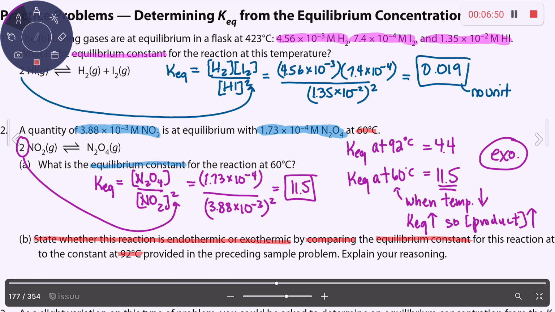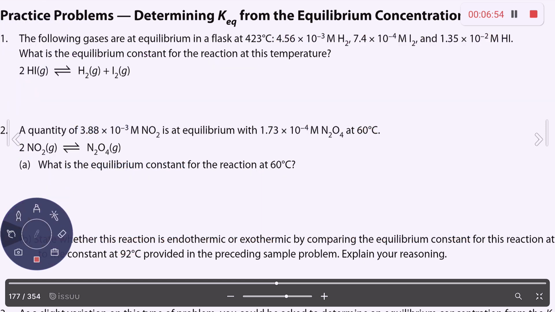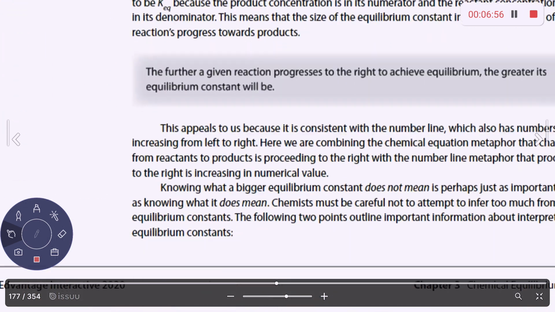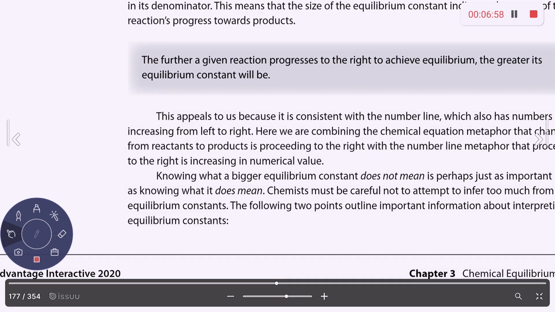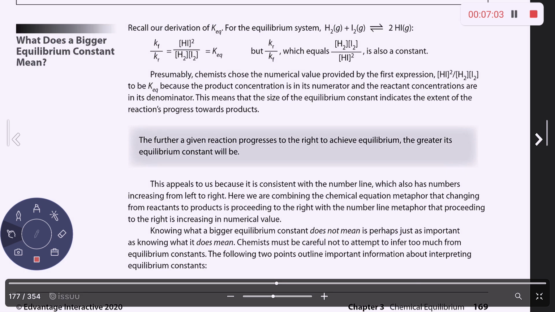Okay, can I go on? We got this? Yep. Okay, so then let's take a look at what a bigger equilibrium constant means. So the further we are to the right, the greater the equilibrium constant.